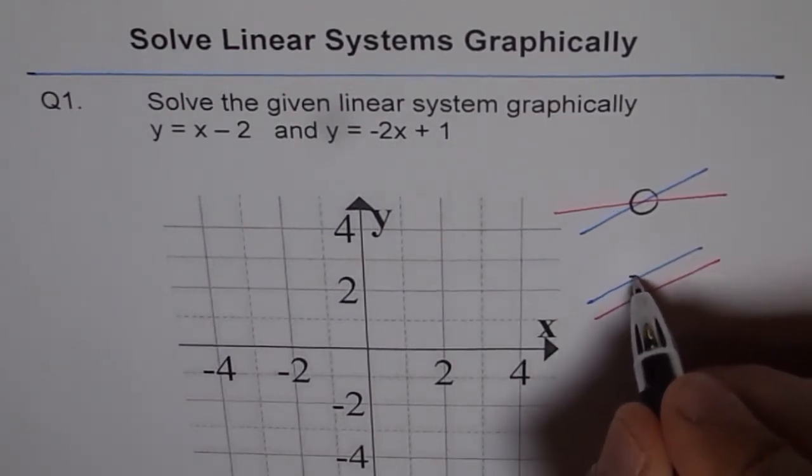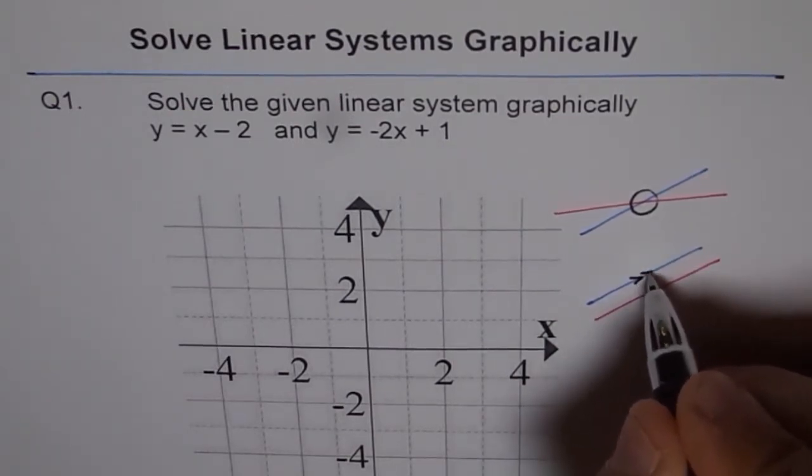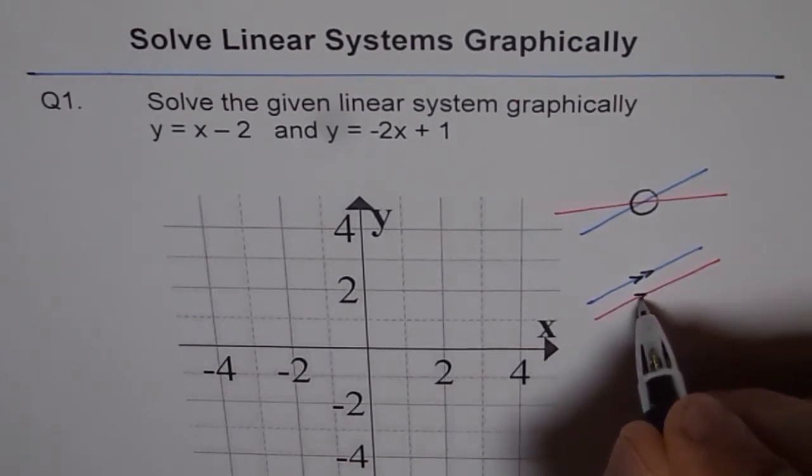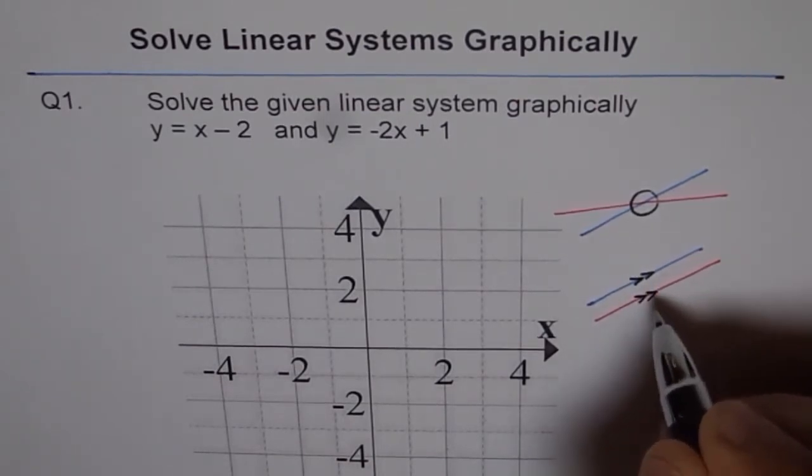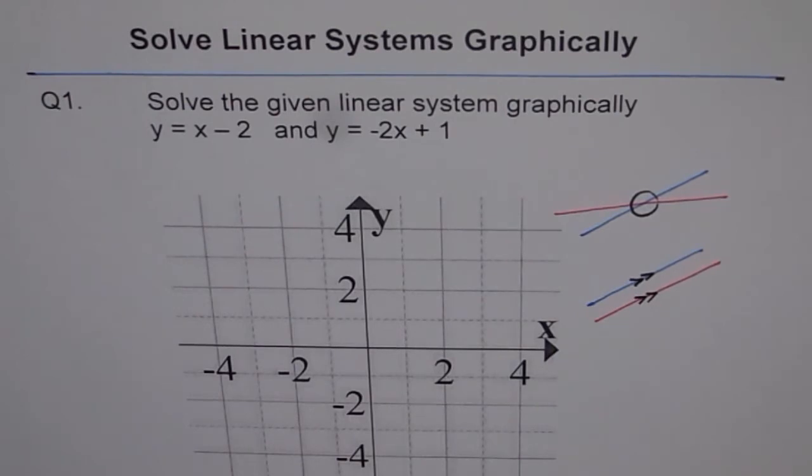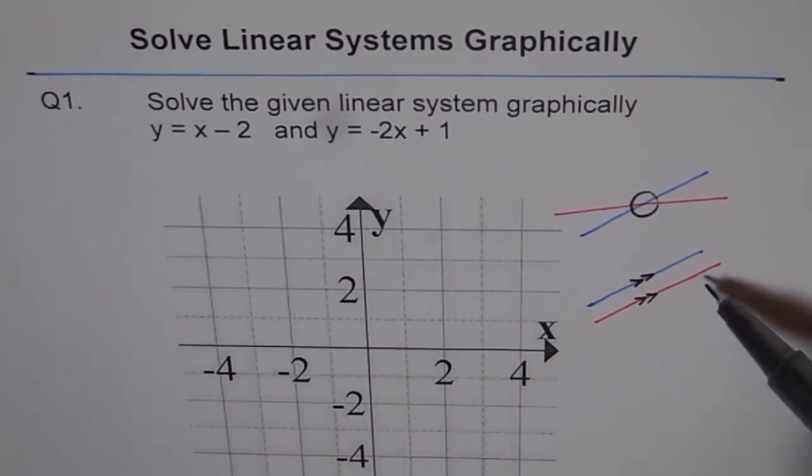Parallel lines I cannot draw so accurately, so at times I will make some arrows like this. That set of similar arrows indicates that these two lines are parallel. So how many points of intersection will these two lines have? None, because they will never intersect. So we say this linear system does not have any solution.